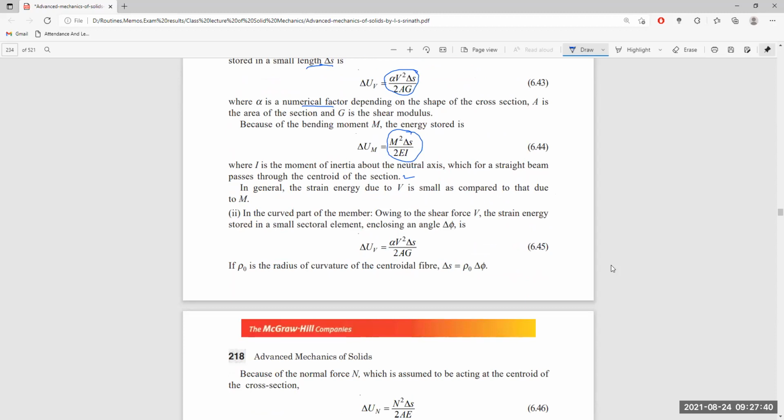In the curved portion of the beam, owing to the shear force, the strain energy is stored in a small sectional element enclosing an angle delta phi.